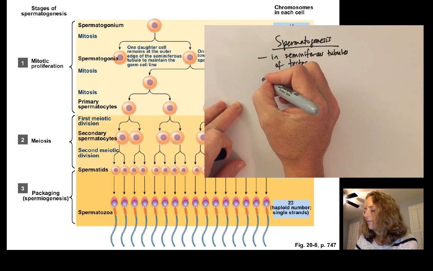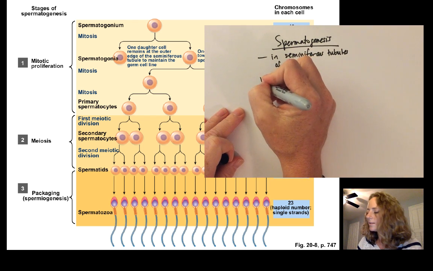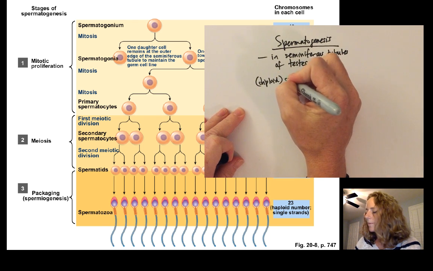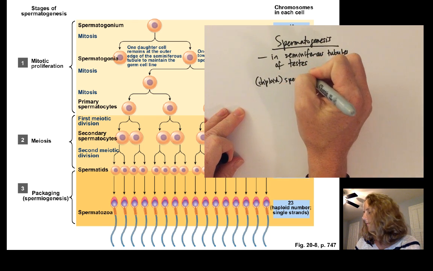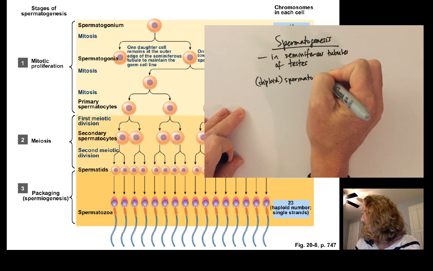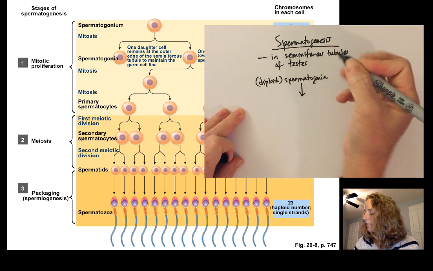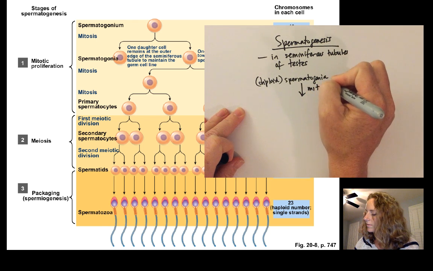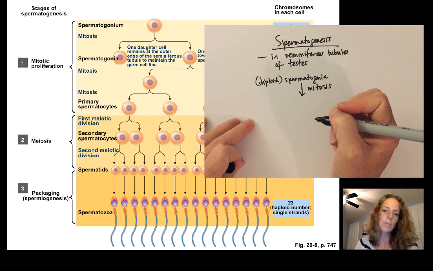And we're going to go from the diploid spermatogonia, which undergo mitosis and mitotic proliferation.